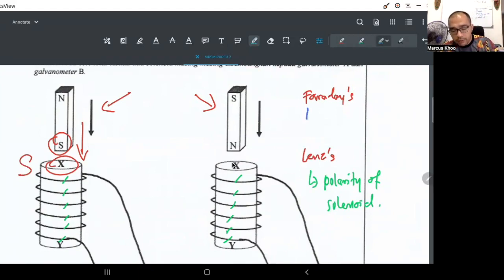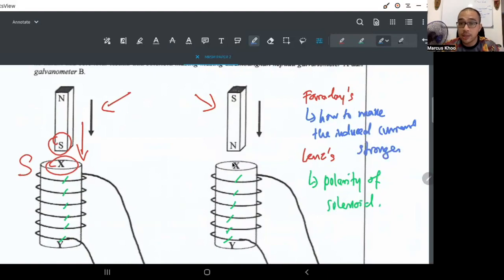Faraday's law is how to make the induced current stronger. So add more solenoid turns, use a bigger magnet, use a bigger force to push the magnet in, push very hard. So more cutting of the magnetic flux produces a bigger induced current. That's Faraday's law. But Lenz's law is, how do you know which side is north, which side is south?